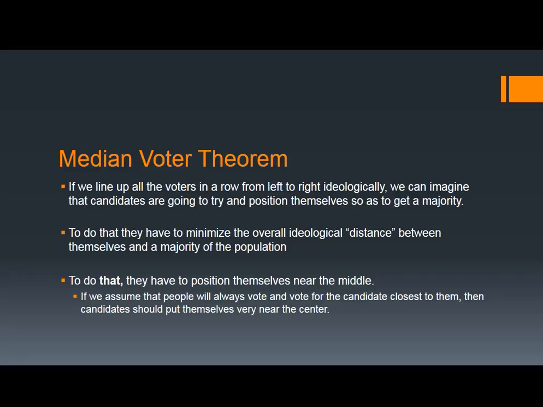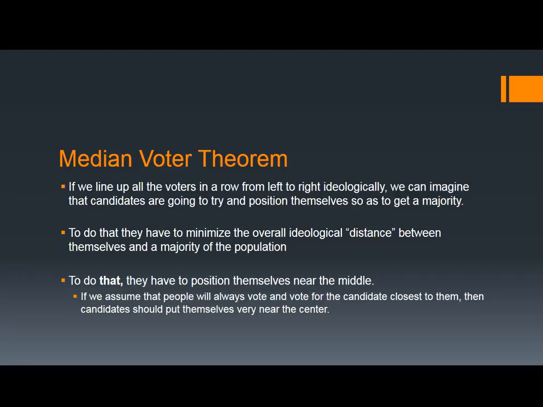Now, in order to do that, it turns out that the optimal strategy is to position yourself near the middle. Very near the middle. Because what we're going to assume here is that people will always vote for the candidate that is closest to them ideologically. And as long as the other candidate is on the other side of the middle from you, you can get everybody from the most extreme to that middle point.